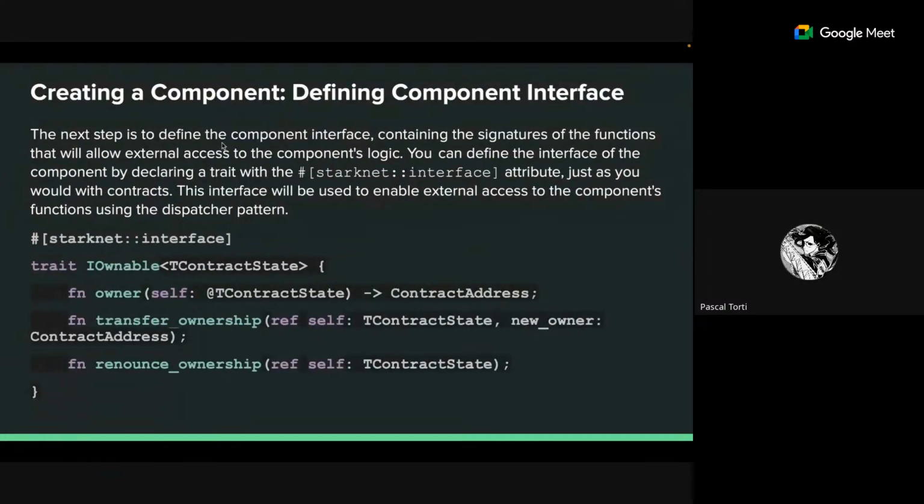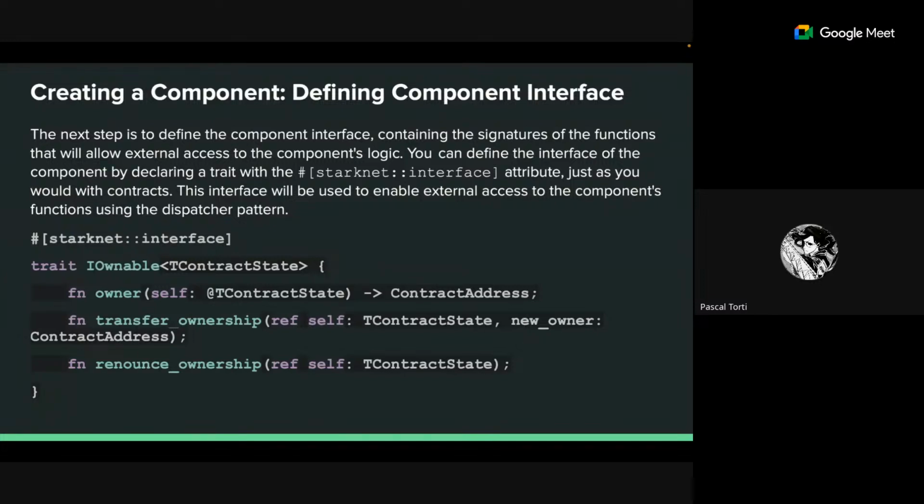Defining the component interface. This looks familiar, right? You have written this kind of thing before. It's basically your contract interface, but this time it is for your component. Like normal, you separate your interface from your contract and put it in a separate file.